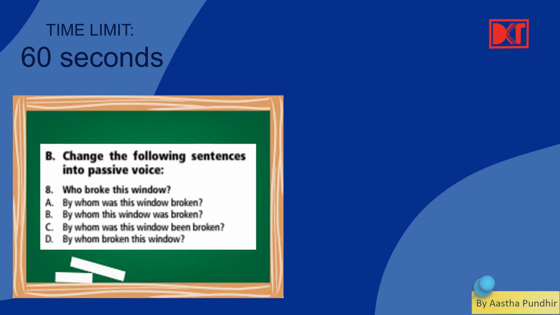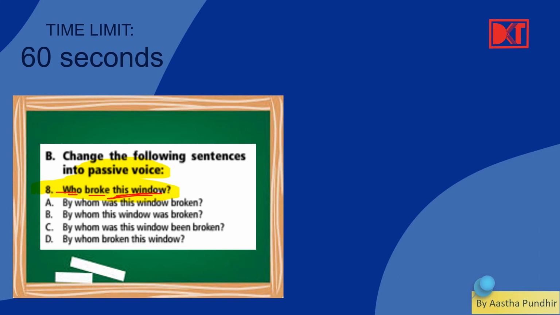Okay, now here: change the following sentences into passive voice. Now this is the second category of question. So we'll be changing active voice into passive voice. Alright, so let's see. Who broke this window? Who is the subject, broke is the verb, and this window is the object. So we change the subject into the object and the object into the subject.